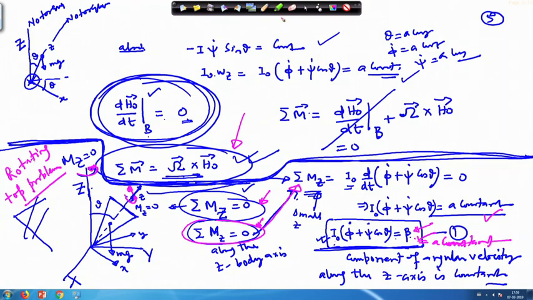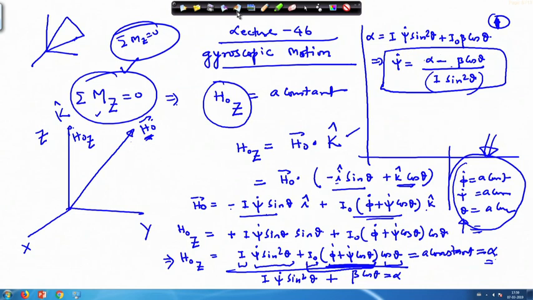Okay. Then, again here, m z equal to 0 means about this axis m z equal to 0. So, this implies that H 0 capital Z, this quantity will be a constant.